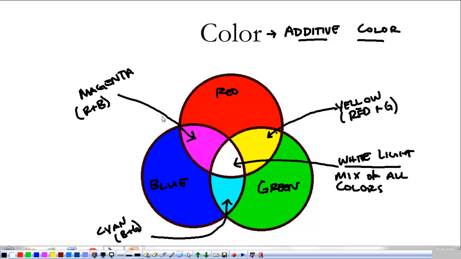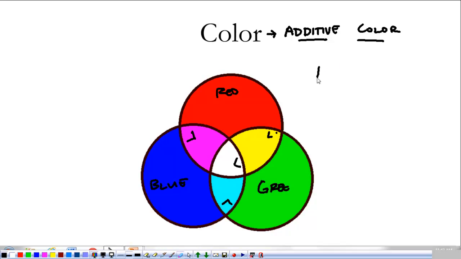If I were to put magenta and green together, well, that would give me white because I'd have all three colors. If I were to put yellow and cyan together, I'd get, well, yellow has red and green, cyan has blue and green, so I'd get a greenish white light. That's how additive color works. We combine them for more and more and more and more colors.